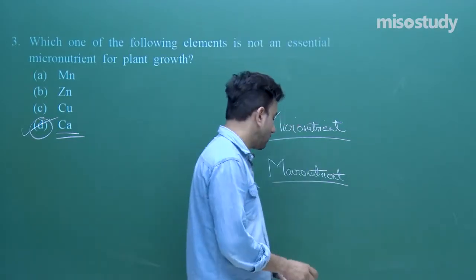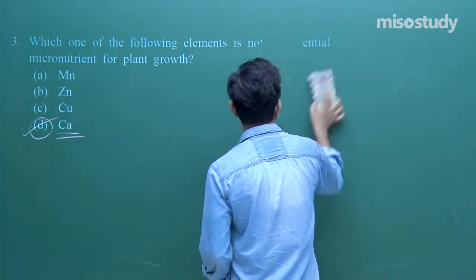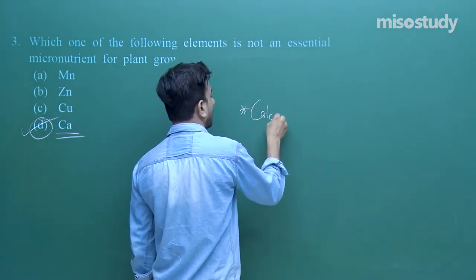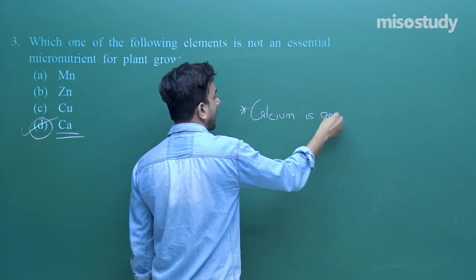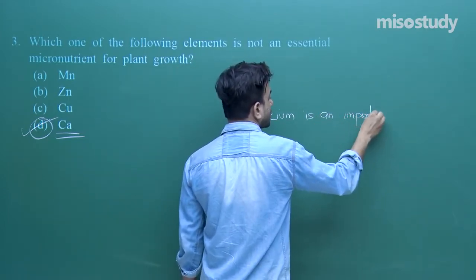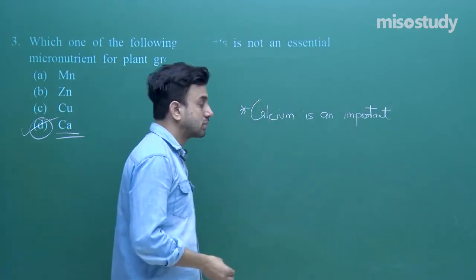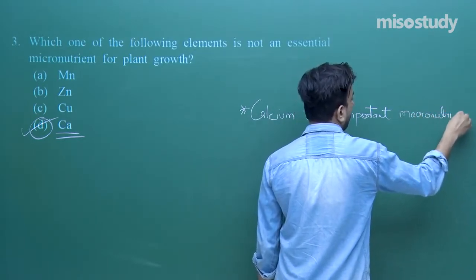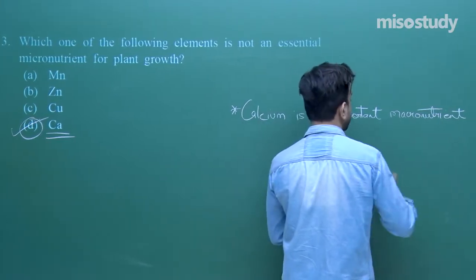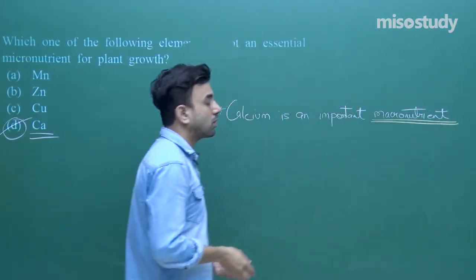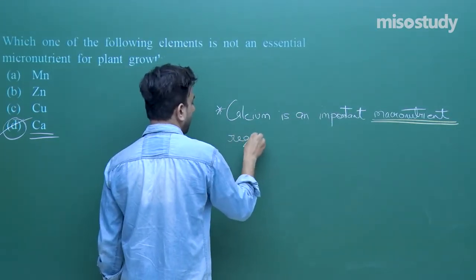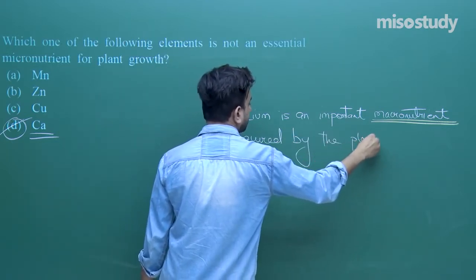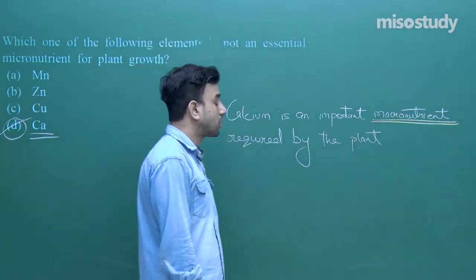So calcium is an important macronutrient required by the plant.